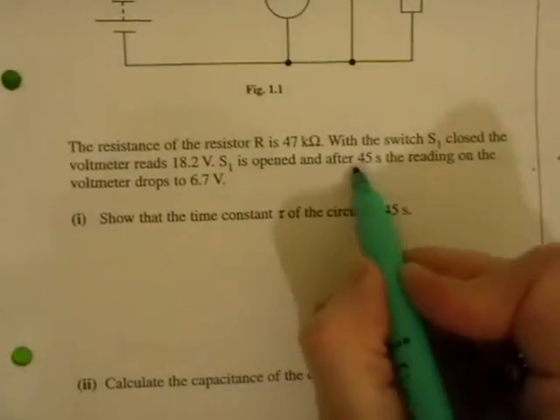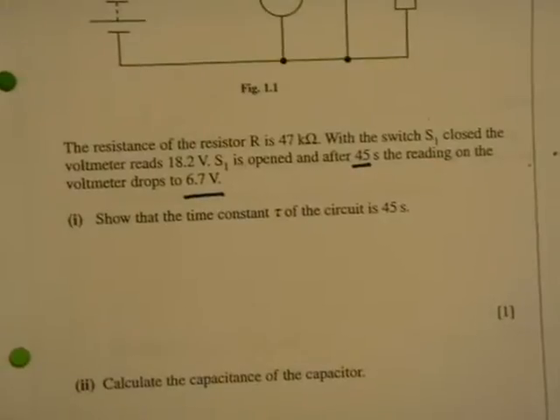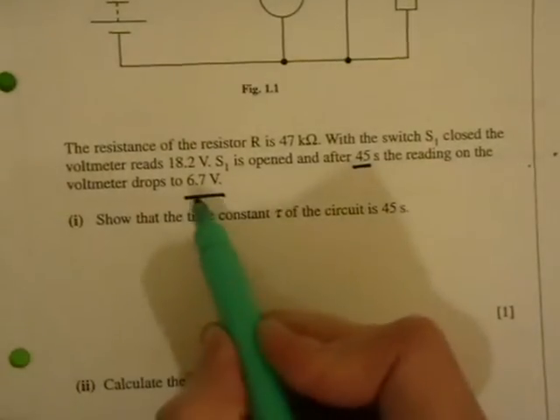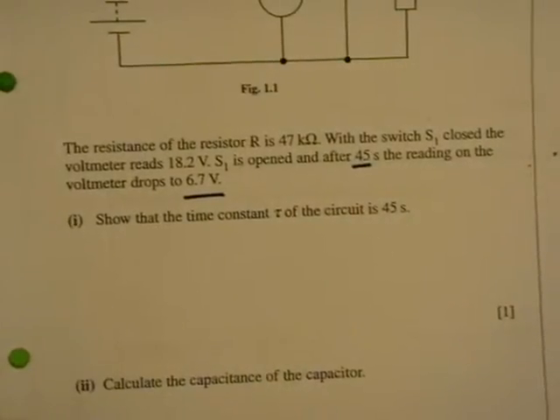So you're told after 45 seconds the voltmeter has dropped to 6.7 volts. If the time constant of the circuit is 45 seconds, then 6.7 should be about 37% of 18.2. We know after a time constant's worth of time the voltage should have dropped to 37%.